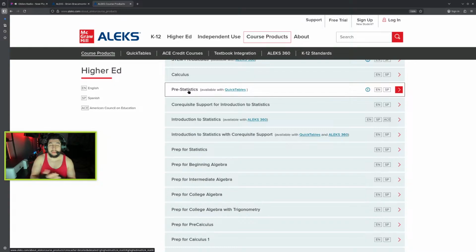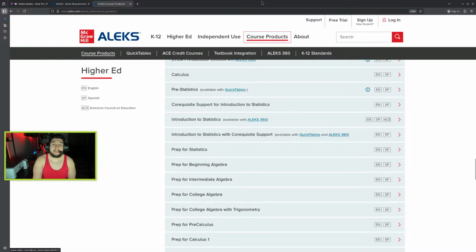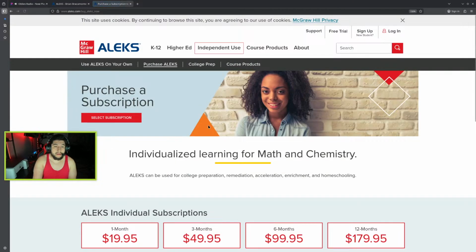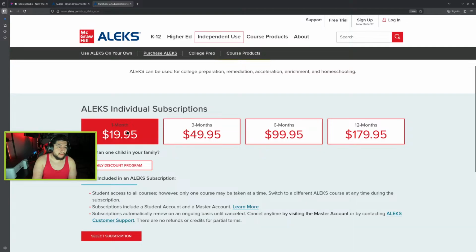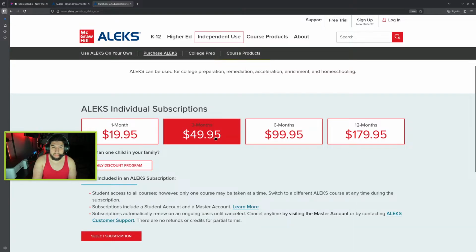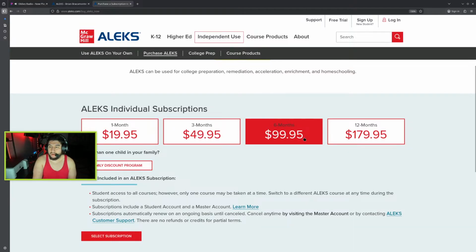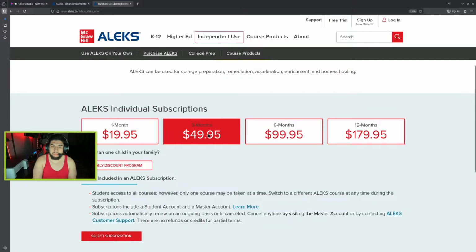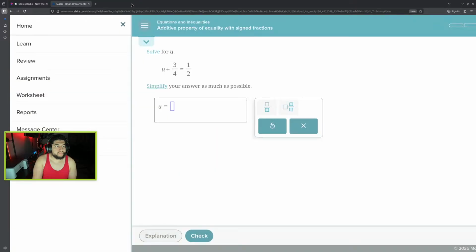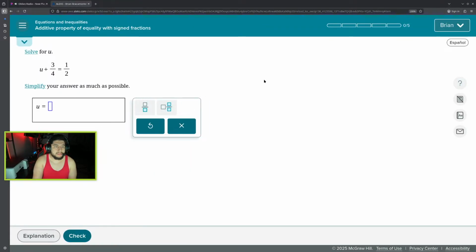If I renew it, then I get another 6 months. You could get it individually, $20 a month, 3 months $50, 6 months $100, 12 months $180. These two are pretty much the same price. It all depends on how long you want it for. Alright, let's just continue this.